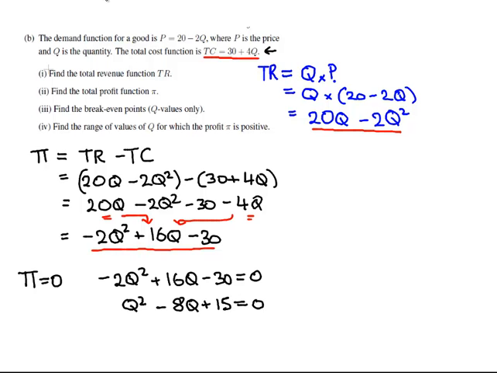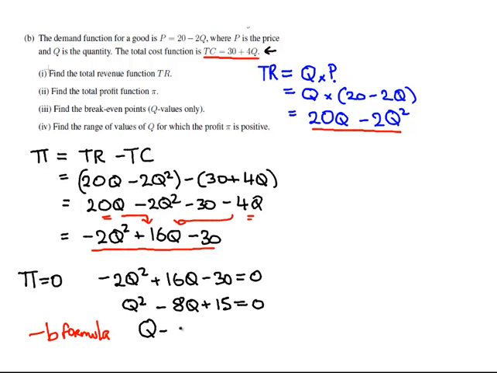Now, this is a factorization, so you could use the well-known quadratic formula. If you're not sure about this, I'm not going to cover that here. This is just a simple solving of a quadratic, factorizing a quadratic. Here, for the sake of time, I'll just factorize this.